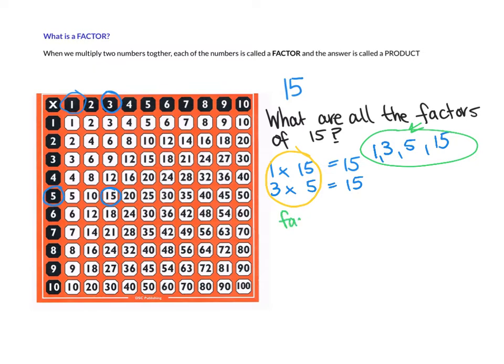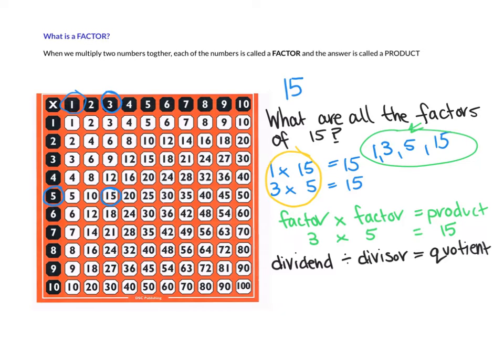A factor multiplied by a factor equals a product. So 3 times 5 equals the product of 15.